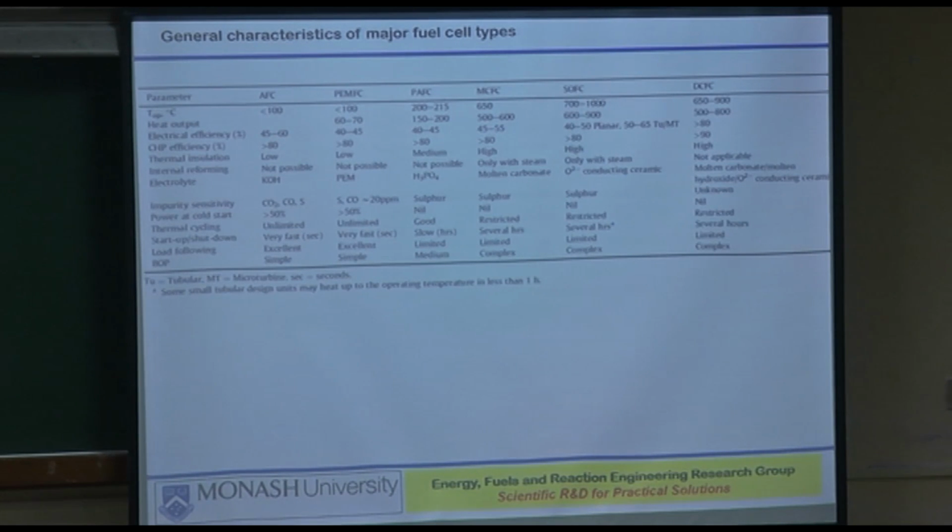And the other one is the third from the bottom, the startup and the shutdown time. Obviously, the larger you get, you will need longer startup and longer shutdown time. But this is of the range of hours, 3-4 hours, really doesn't matter.